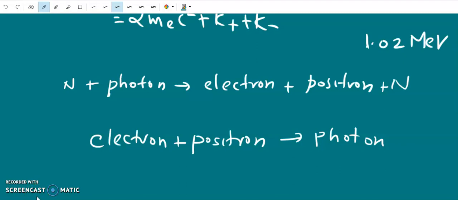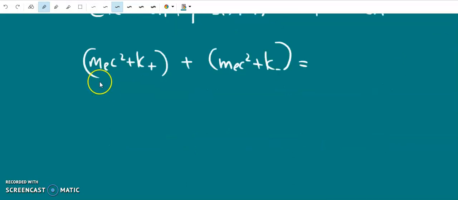Now, the law of conservation of energy requires that the energy before the process is equal to the energy after the process. The relativistic energy of the positron is m_e c squared plus K plus, and the relativistic energy of the electron is m_e c squared plus K minus.